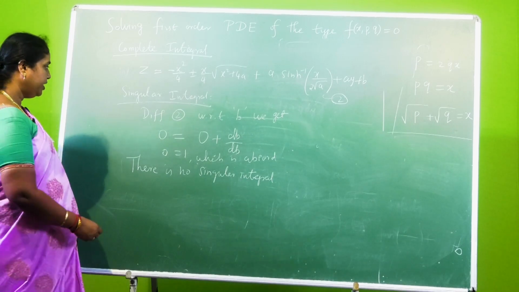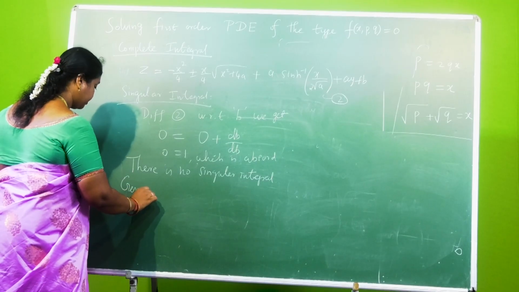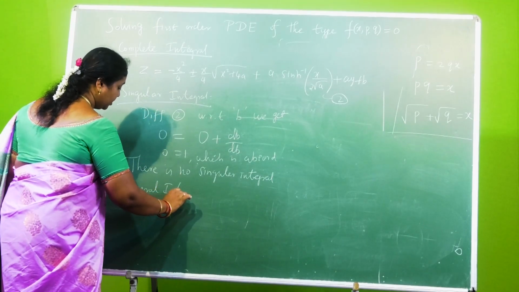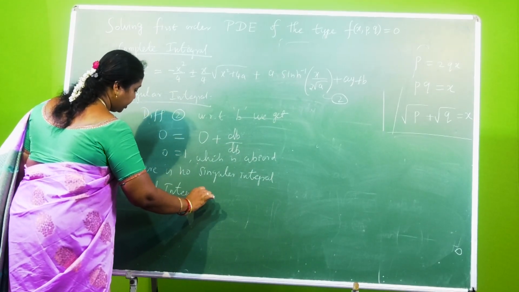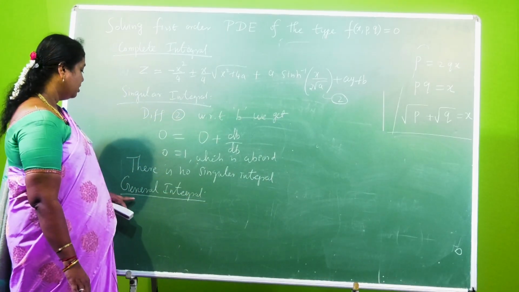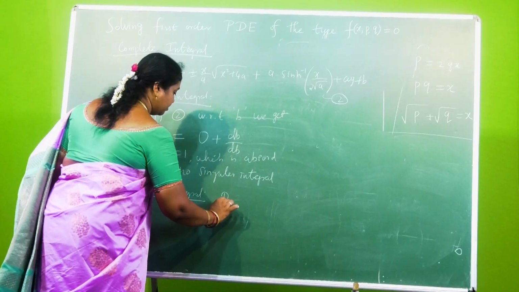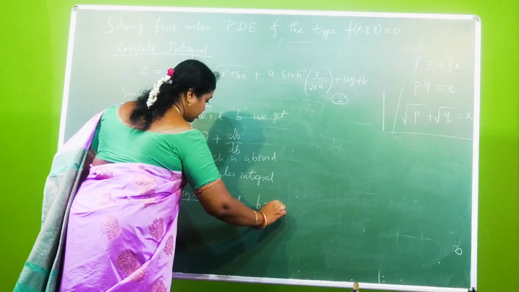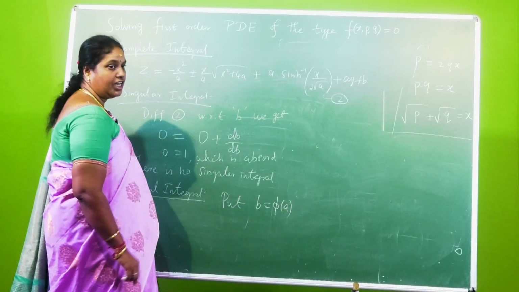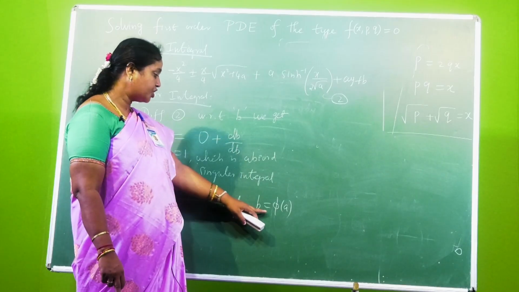So now how to find the general integral? Because the complete integral we have already found, isn't it? So to find the general integral, first step, we have to replace one of the constants, b, as a function of a.